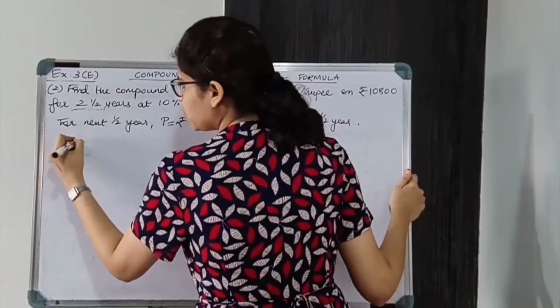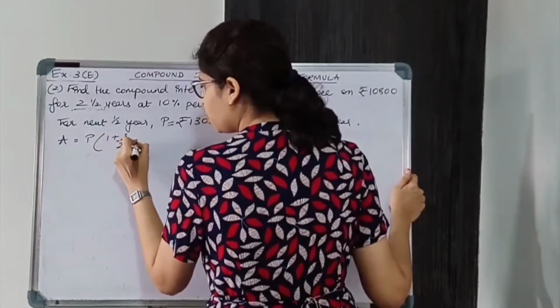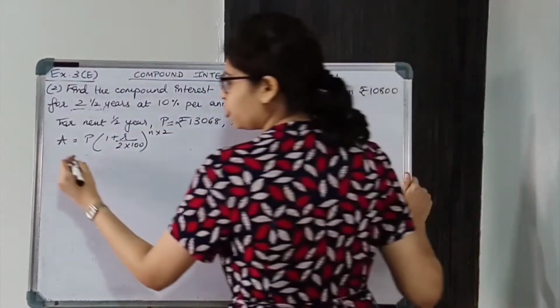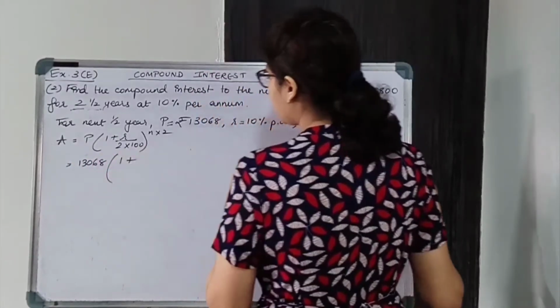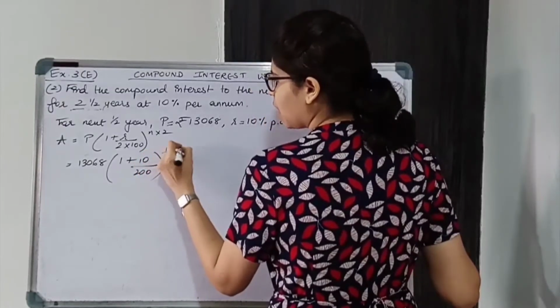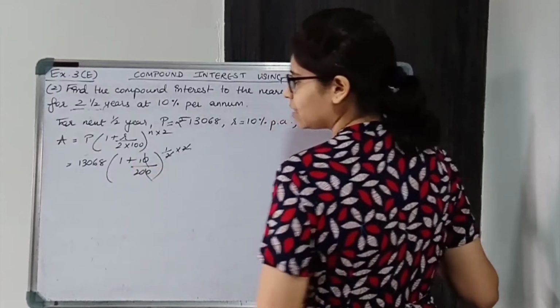Now amount is equal to principal into 1 plus rate of interest upon 2 into 100 raised to number of years into 2. Alright, substituting the values, so 13068 into 1 plus R is 10 upon 200 raised to N is half into 2. 2 gets cancelled, 0, 0 gets cancelled.